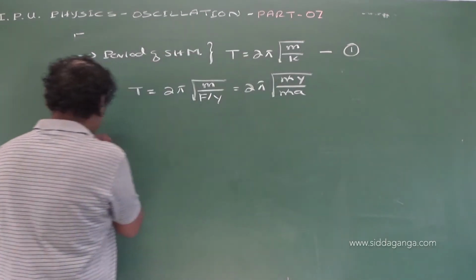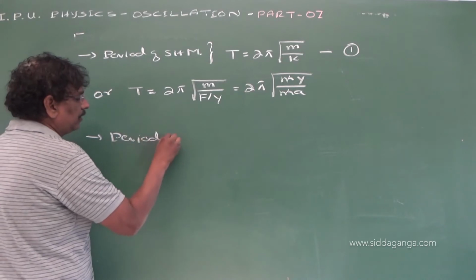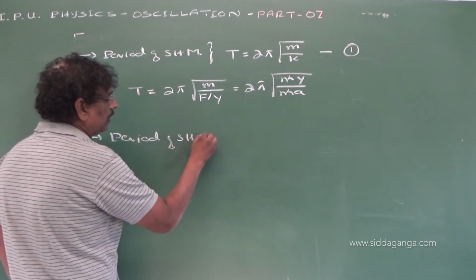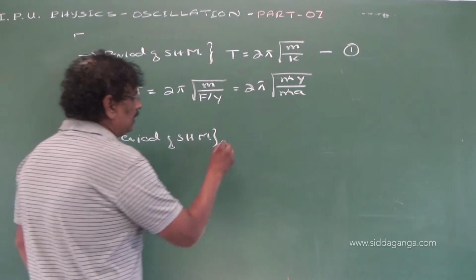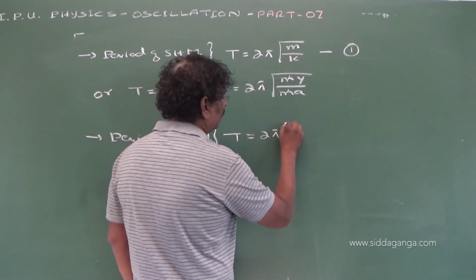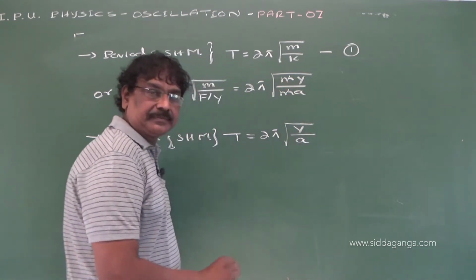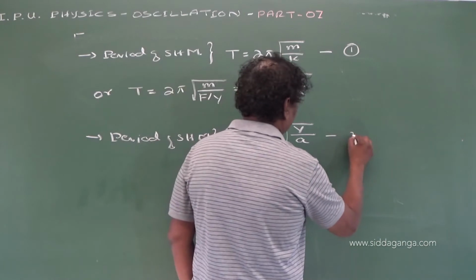Now, another equation for the period of simple harmonic motion. T is equal to 2π times the square root of y by a. This is equation 2.